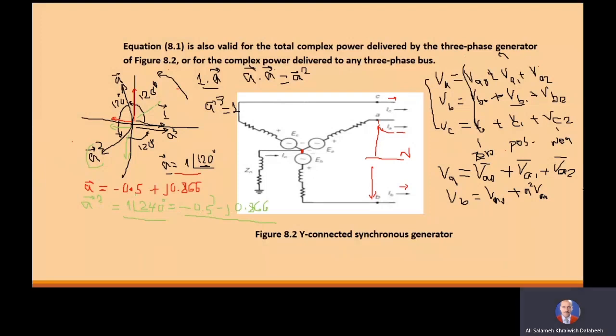And the relation between VB2 and VA2: the two vectors are equal in magnitude, but VB2 leads VA2 by 120 degrees, which means VB2 is equal to A VA2.